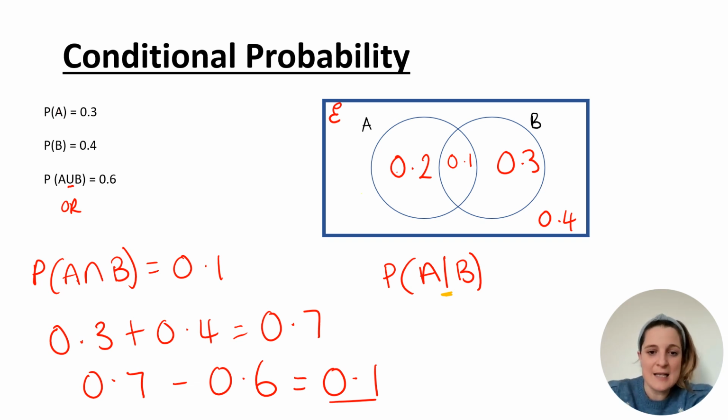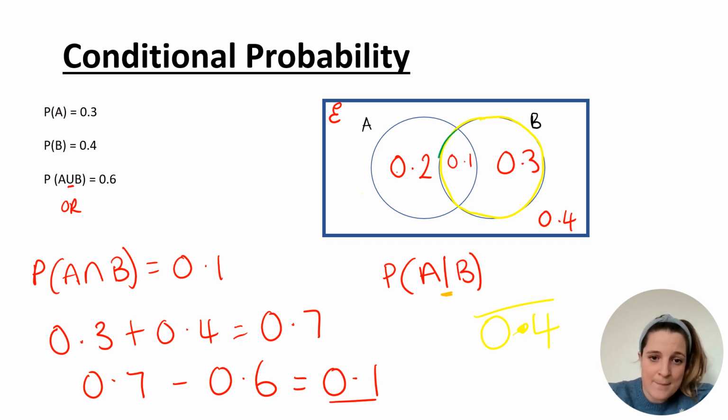So that means that the probability of B happening is 0.4. I'm going to put that on the bottom as my denominator because I'm just thinking about this part now. I'm not thinking about my universal set anymore. I want the probability of A given that B has already happened. So if I look at B then, what's the probability of A happening given that B's already happened?